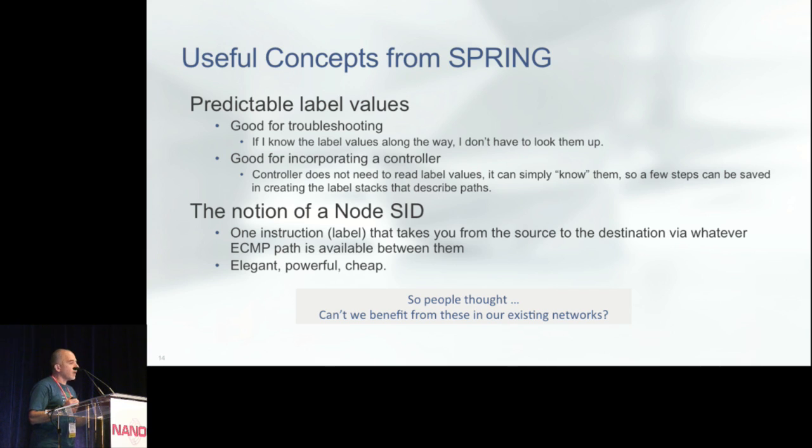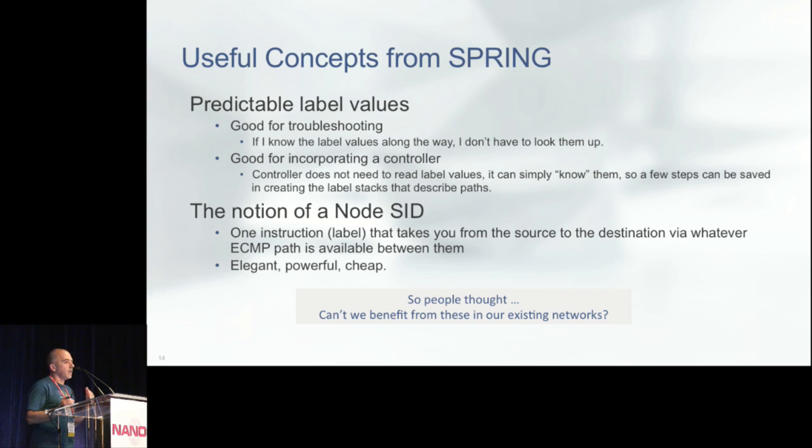So we want to achieve that even in environments that are not Spring or segment routing environments. And then the second idea is the notion of this node SID. There's certain elegance in being able to address a node with one simple instruction from the ingress all the way to the egress, and not have to care about how to route the packet through a network.